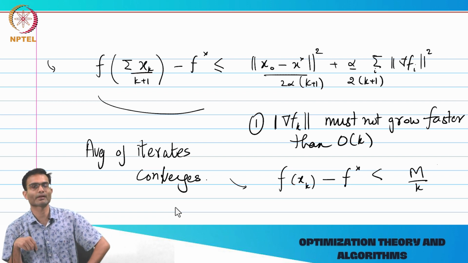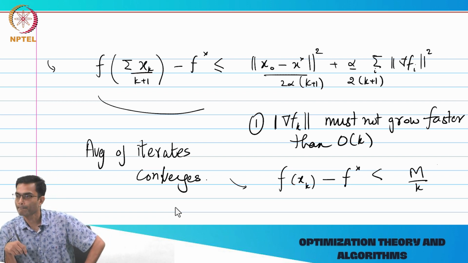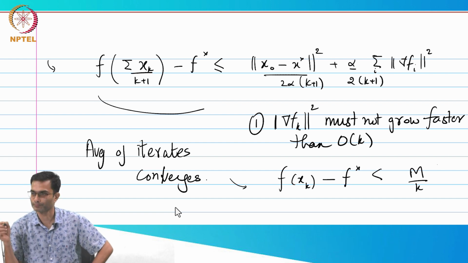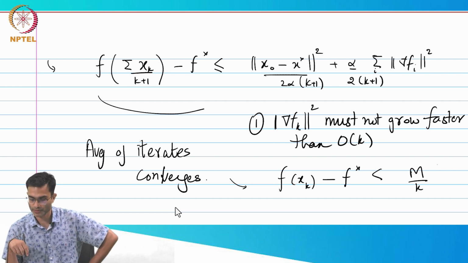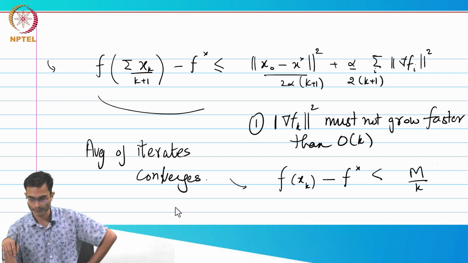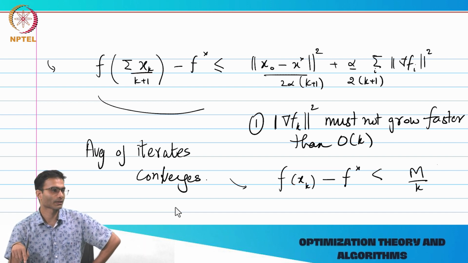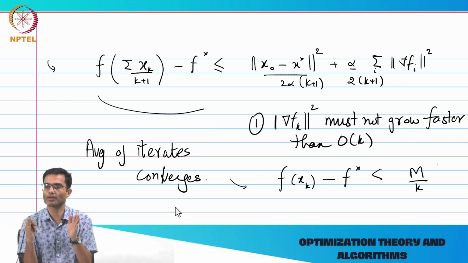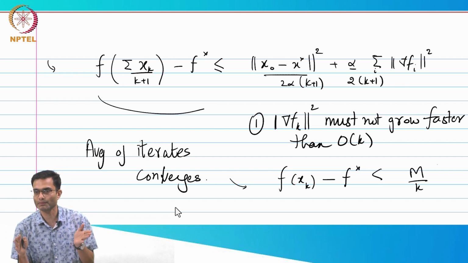This would have been great. Grad f squared should not grow faster than k. Ideally, I would have liked that as my iterations go, f of xk and f star should come as close to each other as possible. This is what we would like.